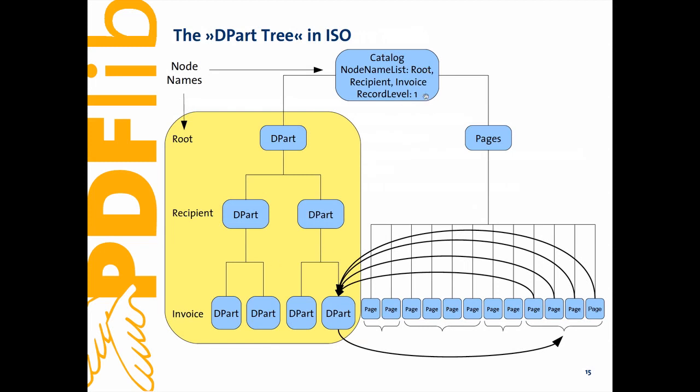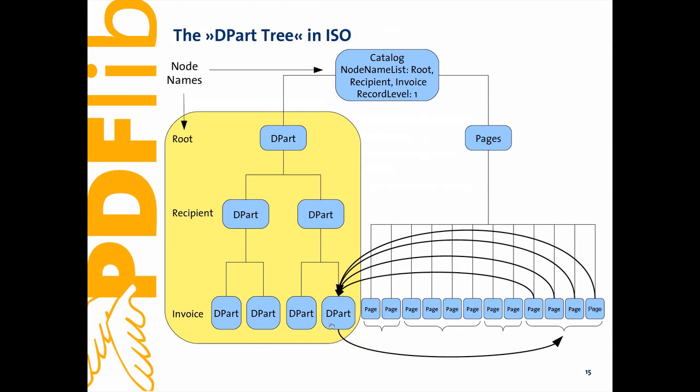What you also can have here is optionally the specification of a record level. So you can identify the level in the tree where the individual recipients are tracked in the file. So for the invoice example, the individual invoice recipients. The document part hierarchy was designed to allow efficient access to the ranges of pages in the PDF document.